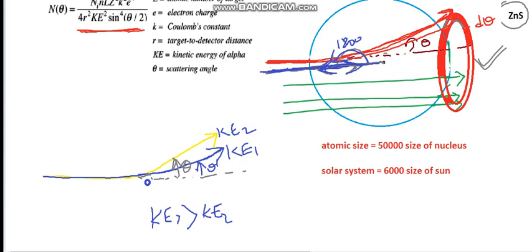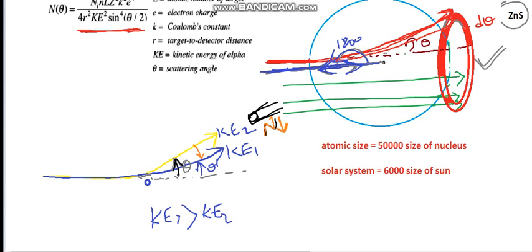So how is this? For example, if you are having a detector here at this angle of theta, you will be having n number of alpha particles which are scattered at an angle of theta. If you increase the alpha particles' kinetic energy, then more alpha particles are shifted into this angle theta dash, and the number of alpha particles scattered at angle theta will be decreased.